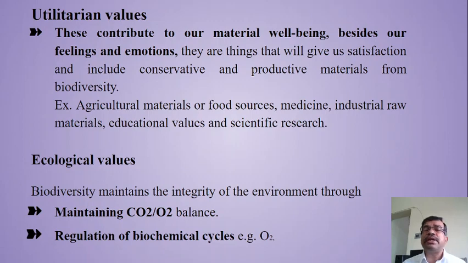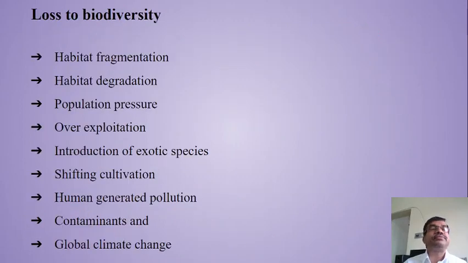It can be agricultural material, or food sources, or medicines. Most industries are dependent on biodiversity, and it also has scientific and educational values. And ecological values mean it maintains the carbon dioxide and oxygen balance, and it regulates the biogeochemical cycle.